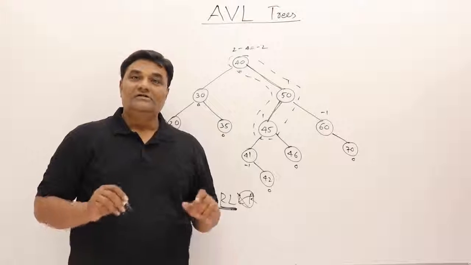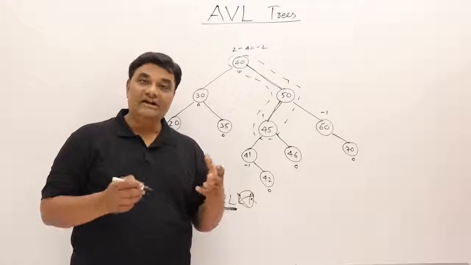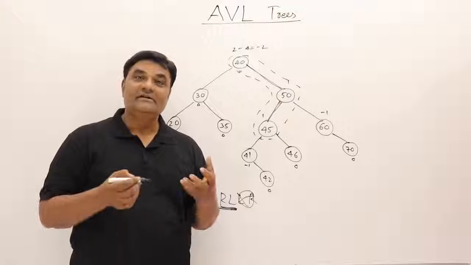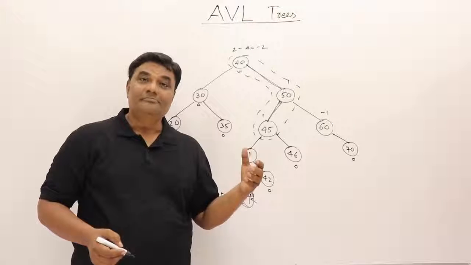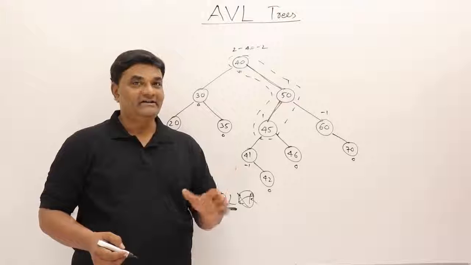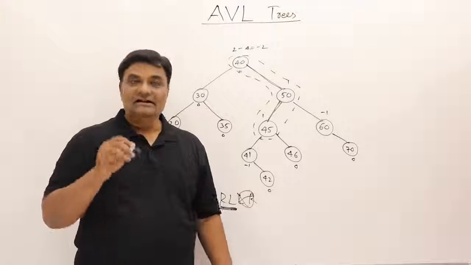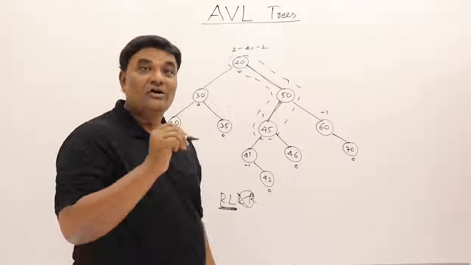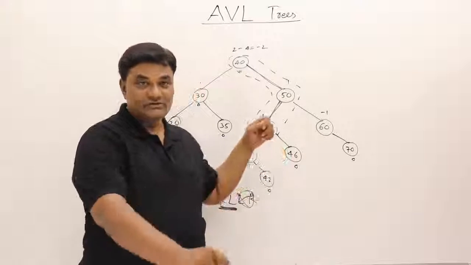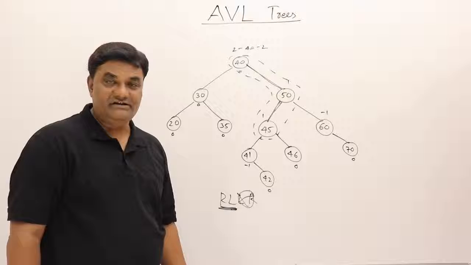So that's all. The height of an AVL tree is always balanced. So it's a height balanced binary search tree. It's a binary search tree only, but it will maintain the height. And it will always try to maintain log n height. It will not grow to n like a binary search tree.